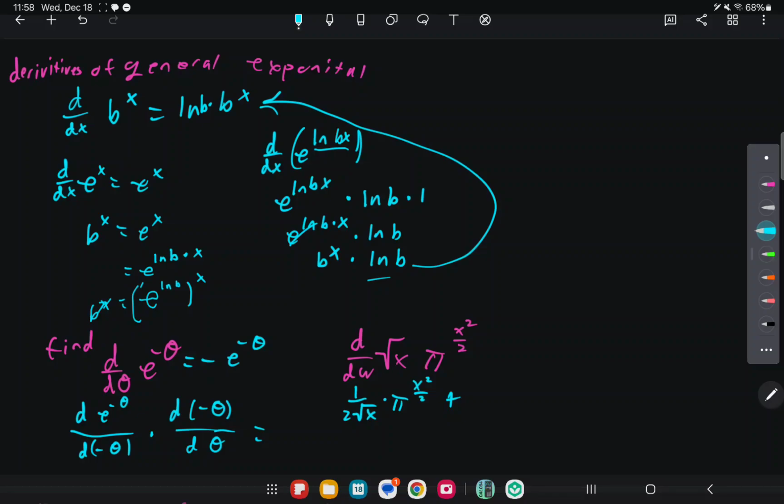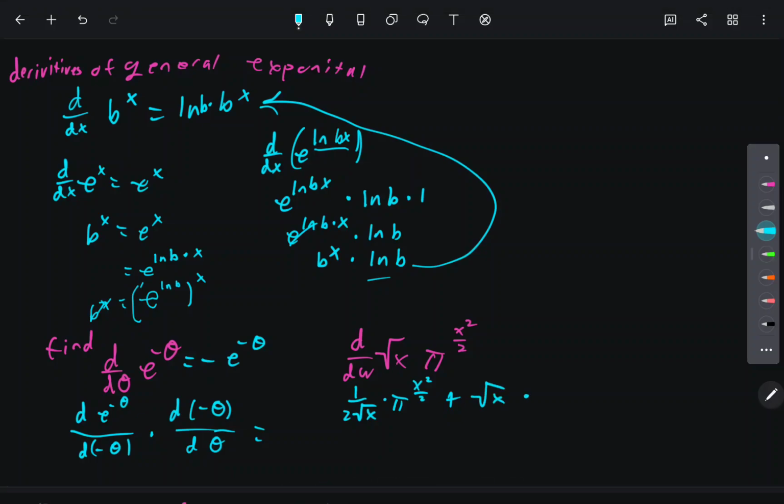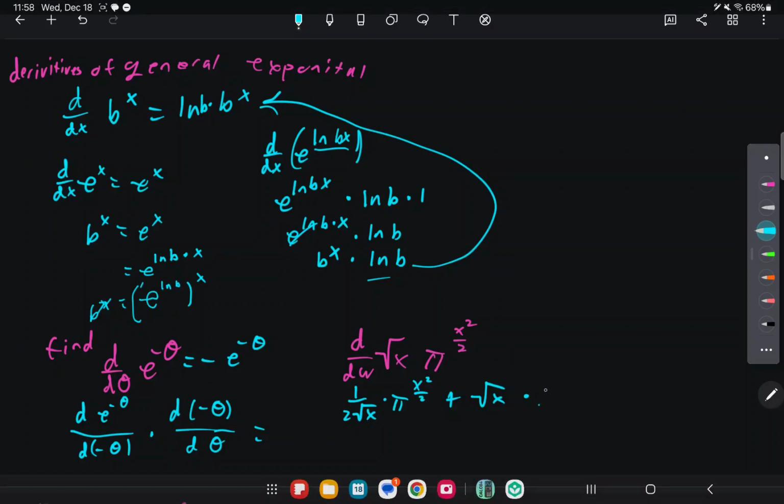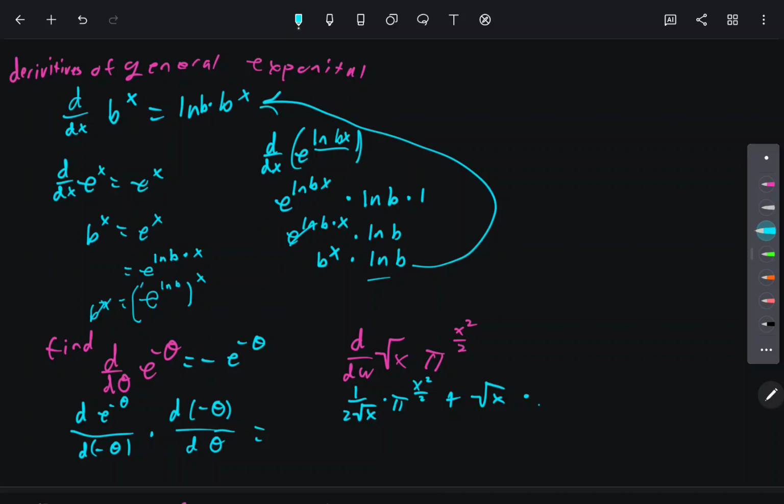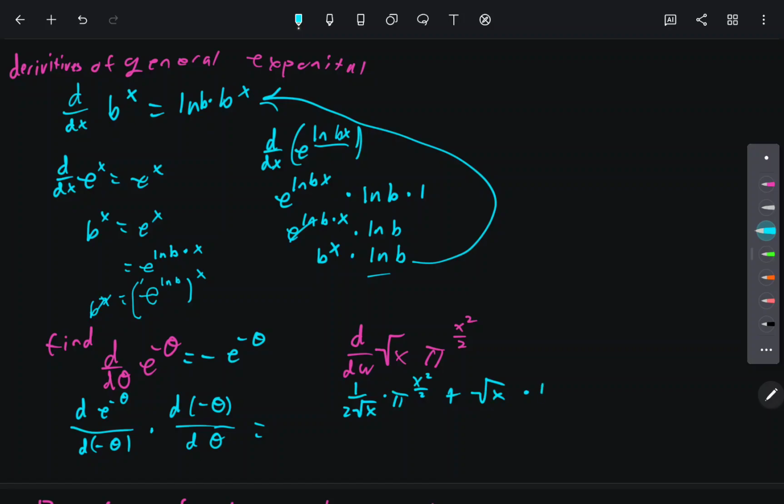Plus the square root of x times the derivative of pi to the x squared over 2. So the derivative of pi in this case is going to be the natural logarithm of pi times pi to the x squared over 2 times the derivative of this inside function. So that's going to be 2x over 2.